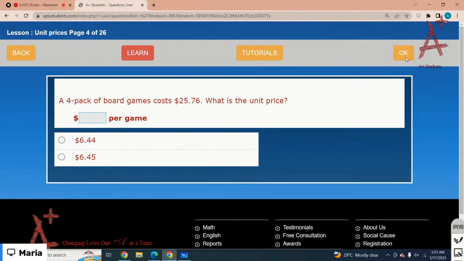It would be 6.45. The correct option is, I think, let me just divide. It would be 6.44. The correct option is 6.44.